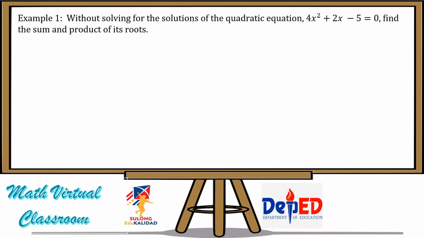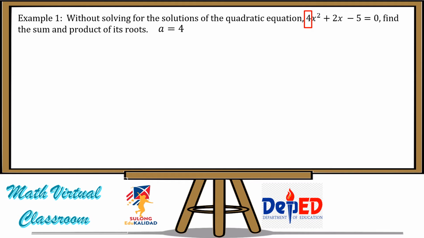Example number 1. Without solving for the solutions of the quadratic equation 4x squared plus 2x minus 5 equals 0, find the sum and product of its roots. So first, let us determine the value of a. That is equal to 4, since that is the coefficient of x squared.